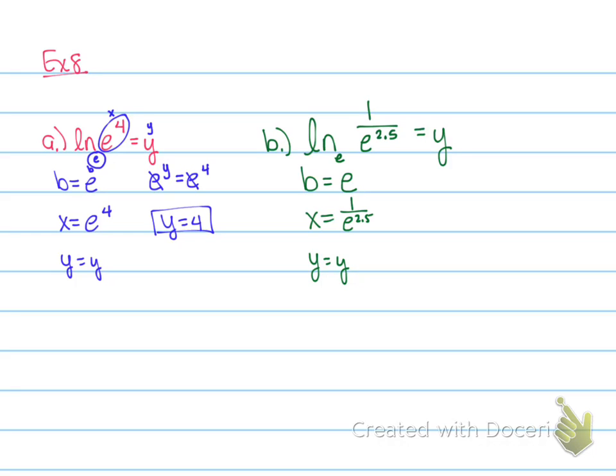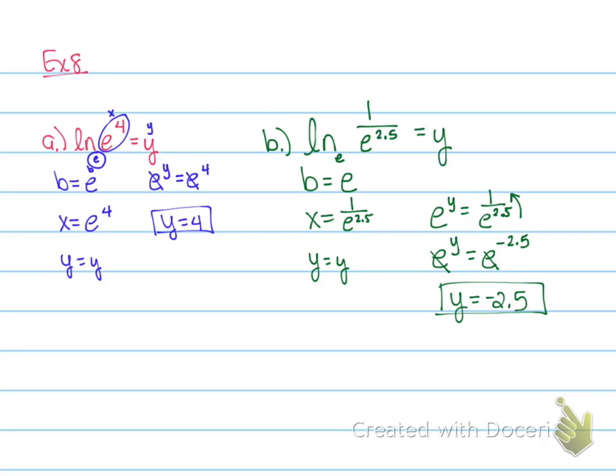When I set it up in exponential form, I get b to the y equals x. Remember, we don't like fractions when we're doing this, so we bring this up, and that makes a negative exponent. So it makes that e to the negative 2.5, one-to-one property. We know then y is equal to negative 2.5.